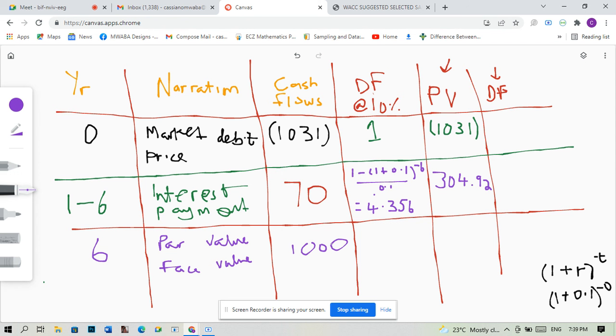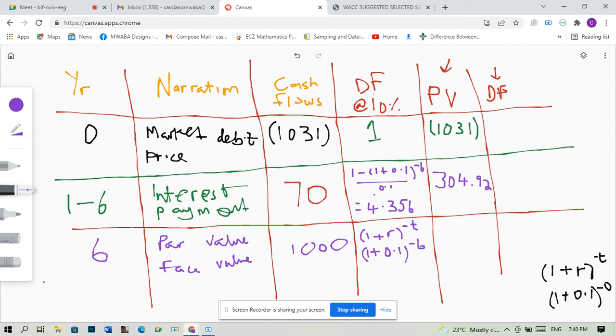Now we'll go again to get the discount factor. We're going to again say 1 plus r to the power negative t. In this case, it's going to be 1 plus 0.1 to the power negative 6.